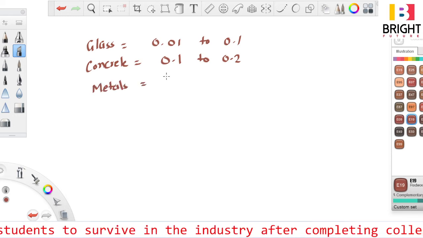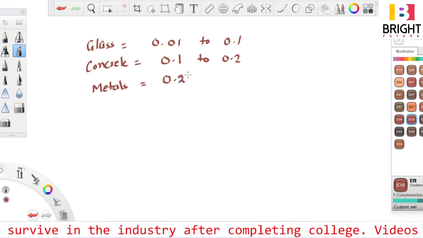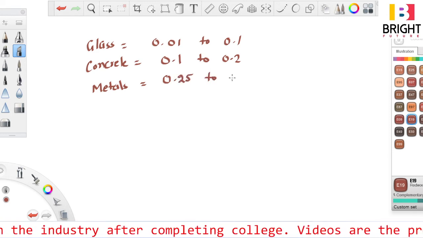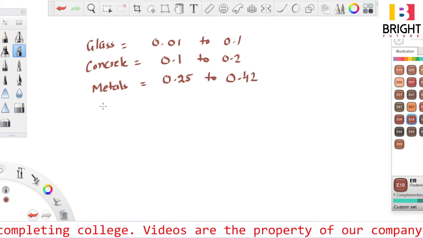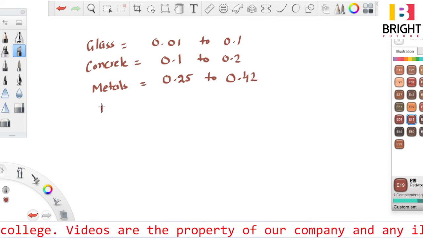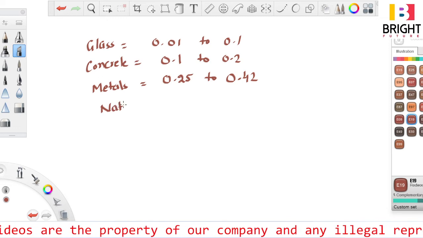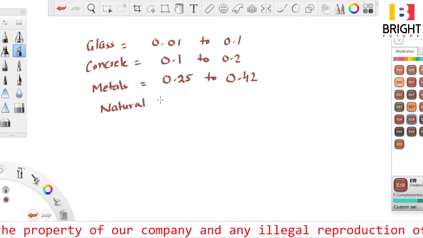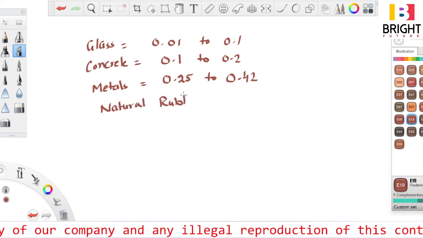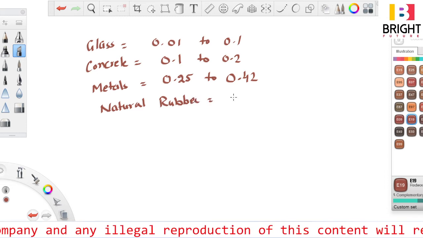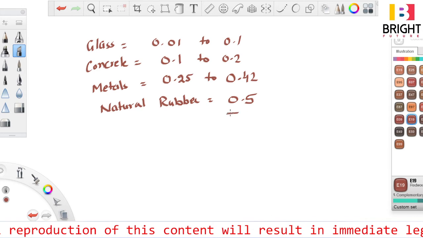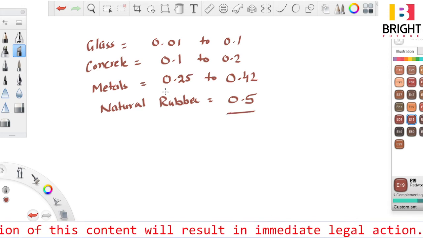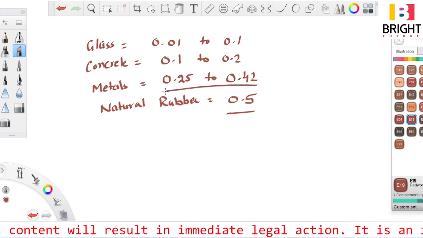For metals, the value varies from 0.25 to 0.42. For pure elastic rubber, or you can say natural rubber, it is equal to 0.5, right? So you can remember these values, because sometimes we use this.